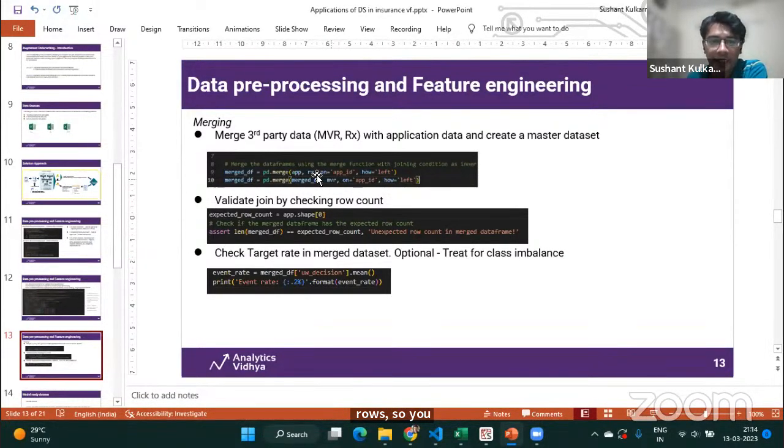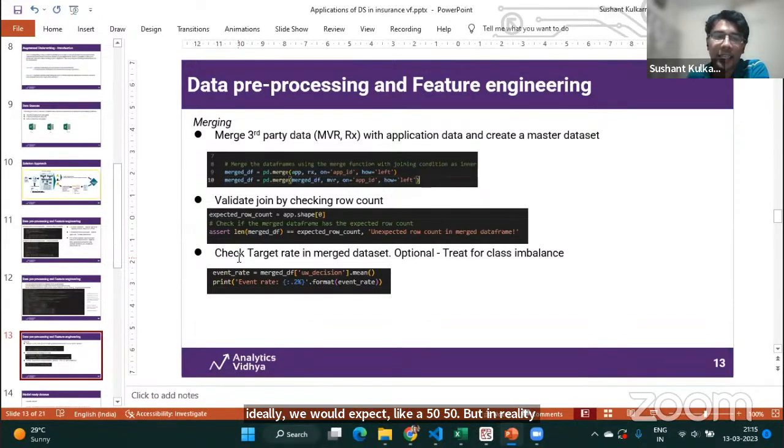And then eventually you can also look at the target rate, like your dependent variable, what's the probability of the event? Typically, ideally, we would expect a 50-50, but in reality, most of the time the event rates are not equally divided.